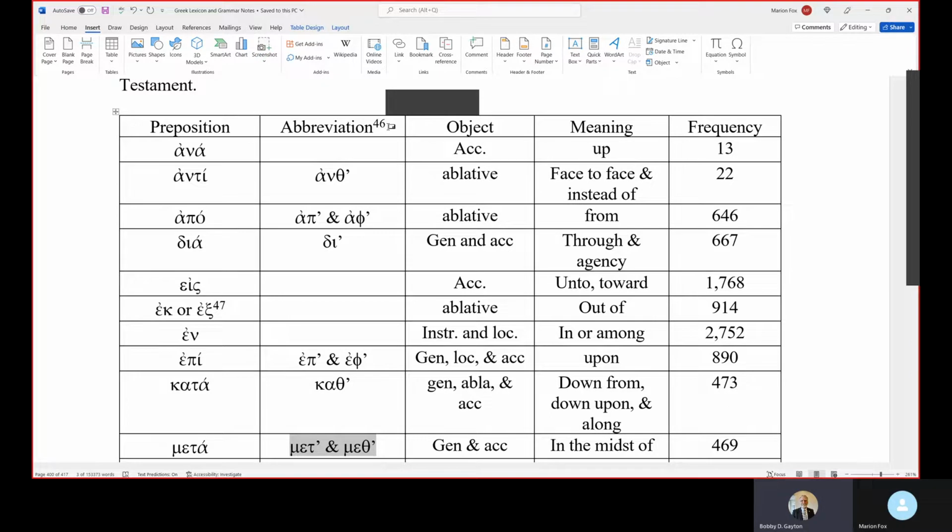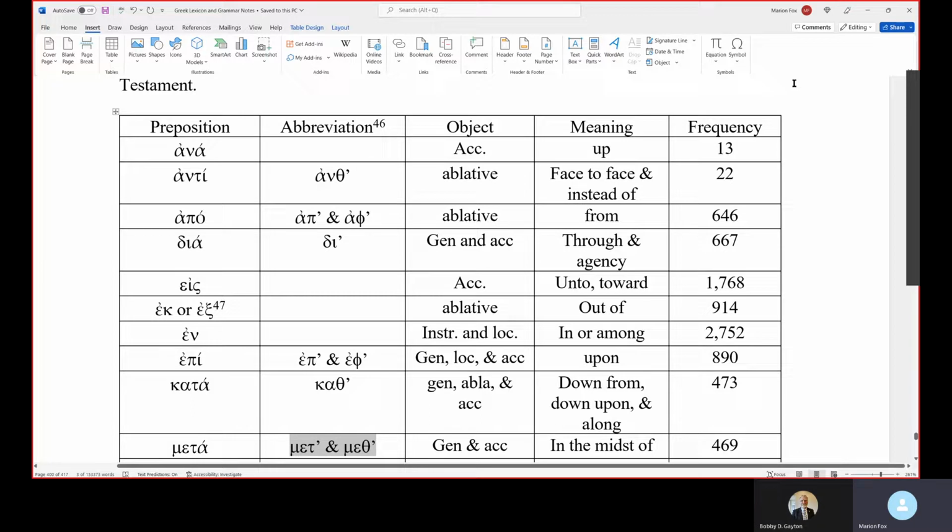How would you know that it's a tau or a theta? Well, you'd have to go back to your rules in the section before lesson 1, how words fit together. Okay. Yeah. All right. No problem. Genitive and accusative. I'll go back to that.